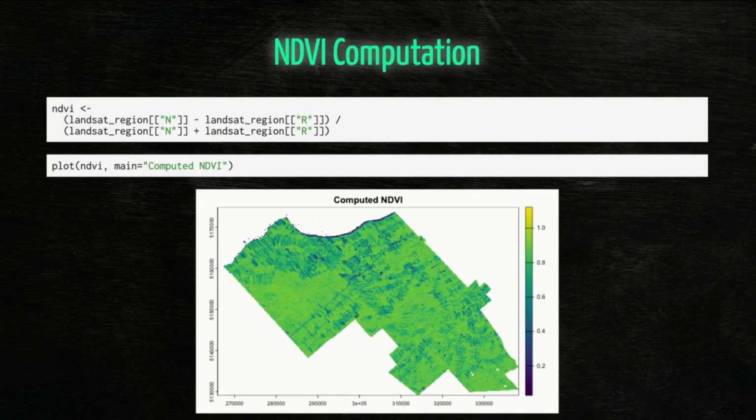NDVI is a widely used metric for quantifying the health and the density of the vegetation using sensor data. So, an area with nothing growing in it has an NDVI of 0. The NDVI will increase in proportion to the vegetation growth.